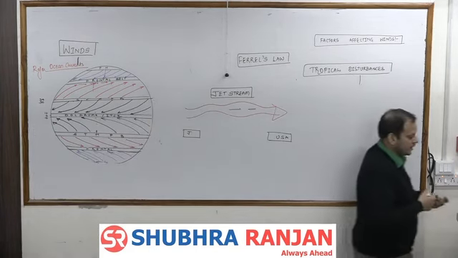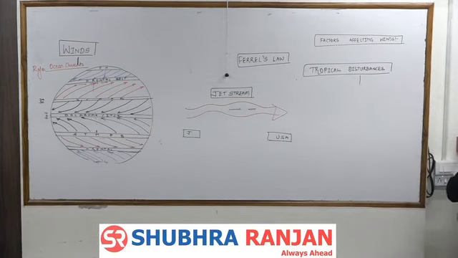So you can take down: as the frictional force is absent in the upper atmosphere, jet streams flow with very high velocity.